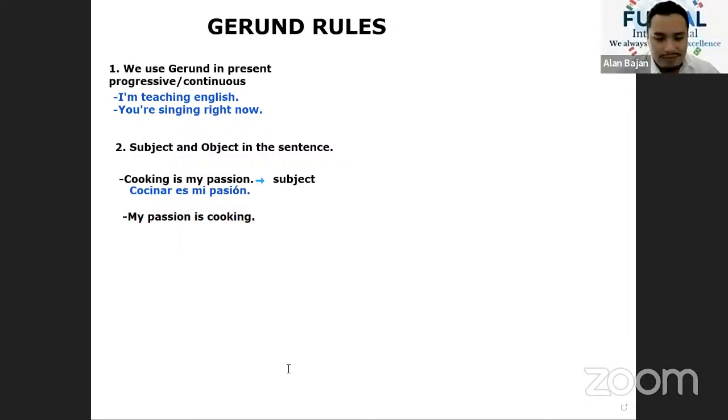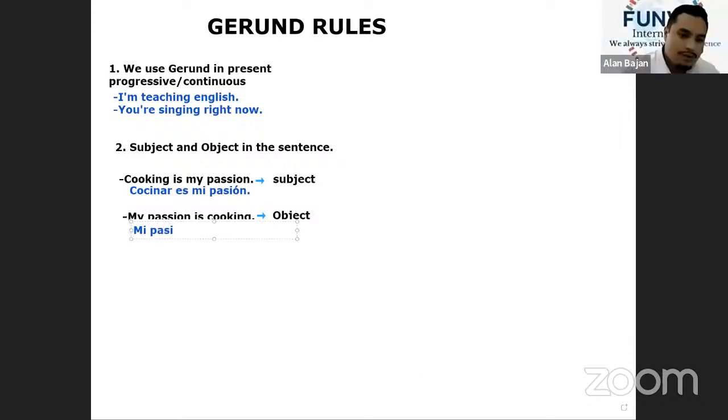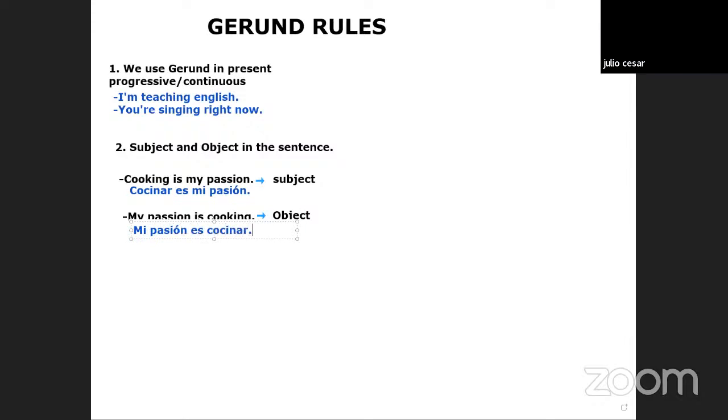So in this example, the object, el objeto de la oración es el gerundio, cocinar. Cooking. The subject is passion. Exactly. Pasión es ¿qué? Cocinar.